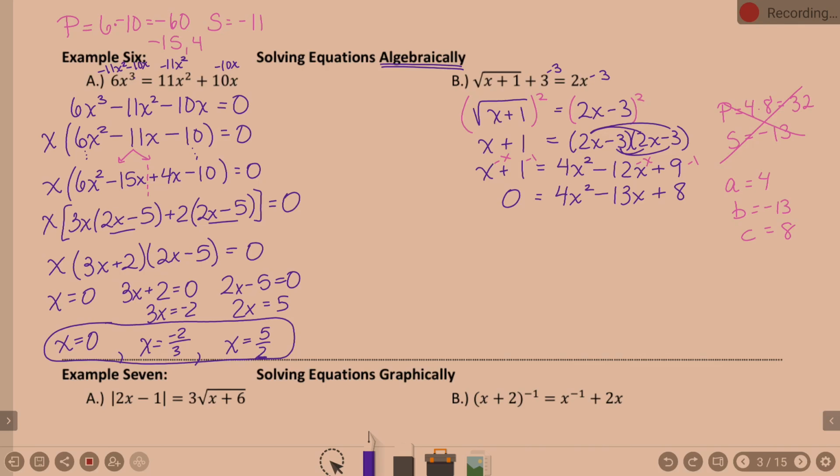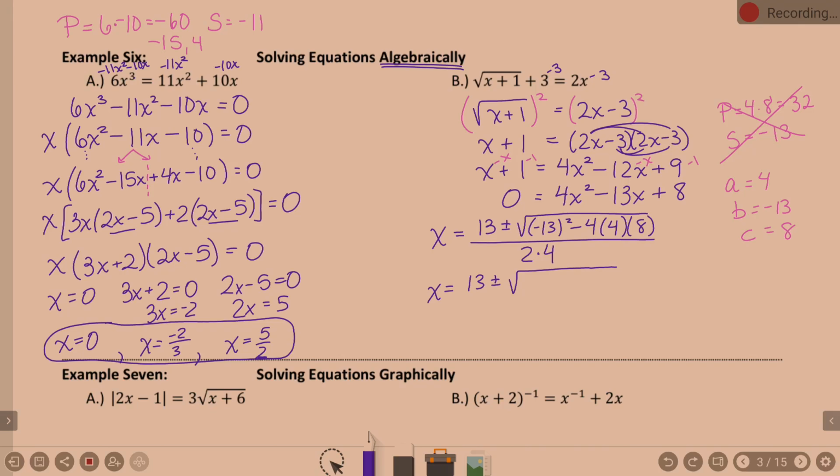X equals negative B. So negative B is going to mean 13 plus or minus the square root of B squared. So negative 13 squared minus 4 times A, which is 4, times C, which is 8, all over 2A, 2 times 4. Okay. 13 plus or minus negative 13 squared.